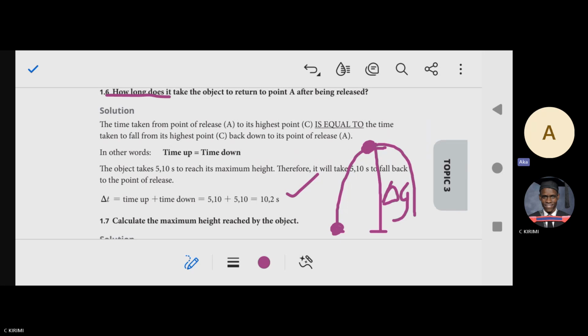You can use this on delta Y equals VF plus V initial over 2, times delta T. So 0 plus 50 divided by 2, times 5.10.